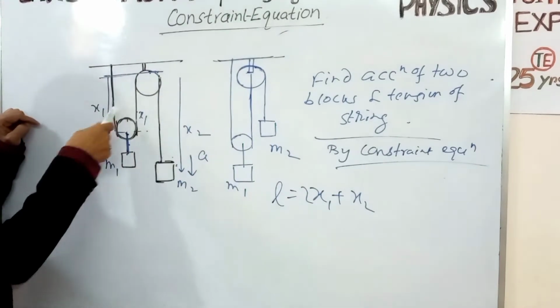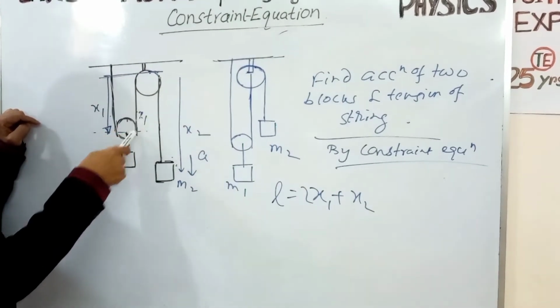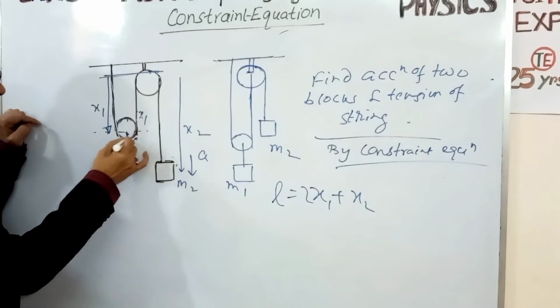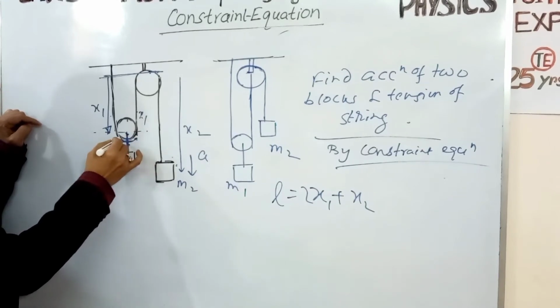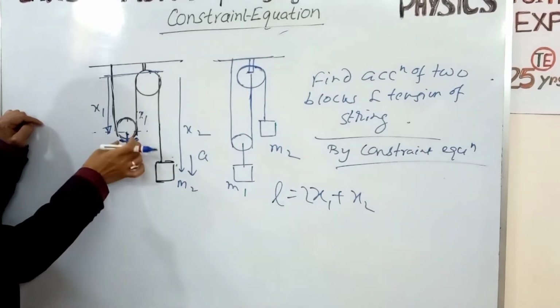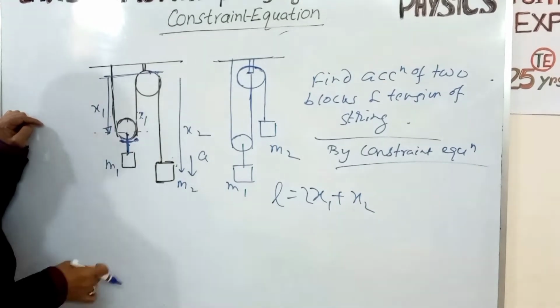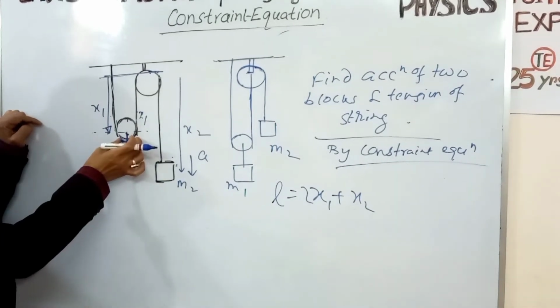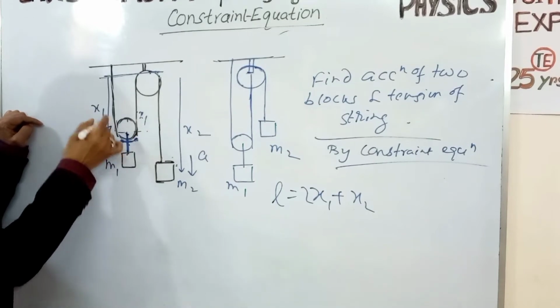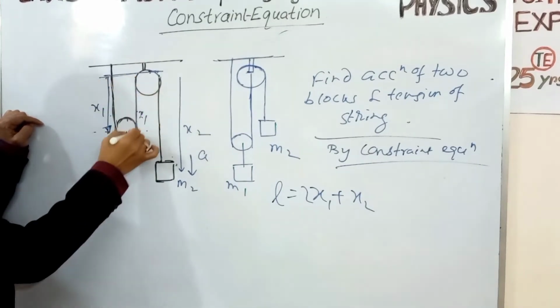Understand that this is x1, this is x1. This length is constant, and it is negligible, so we avoid it. If we neglect this length, which is some part of the circumference, then this is x1, this is x1, this is x2.